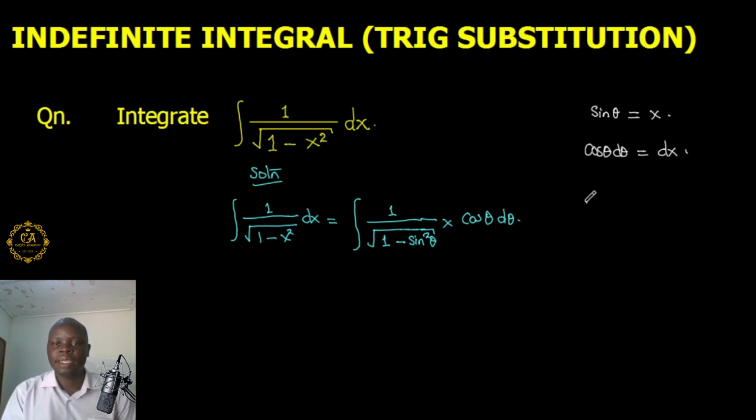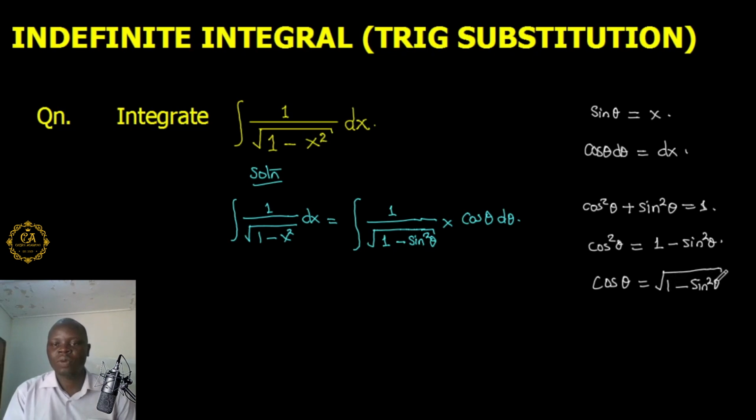Now again, from the identity which says cos squared theta plus sine squared theta equals 1, if we try making cos theta the subject, we'll have cos squared theta equals 1 minus sine squared theta. Taking roots on both sides to get something similar to what we have here, we have cos theta equals the positive square root of 1 minus sine squared theta.